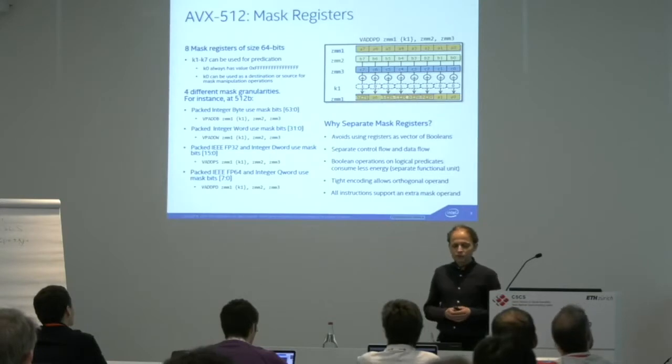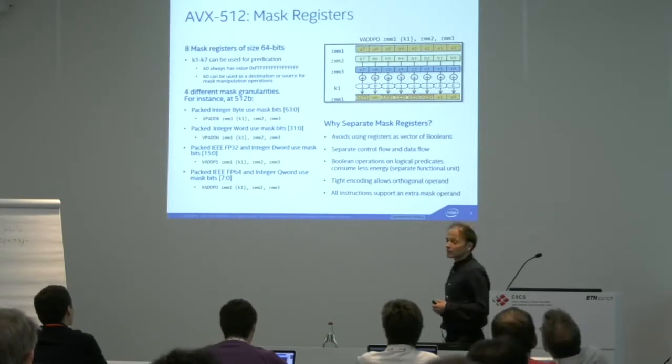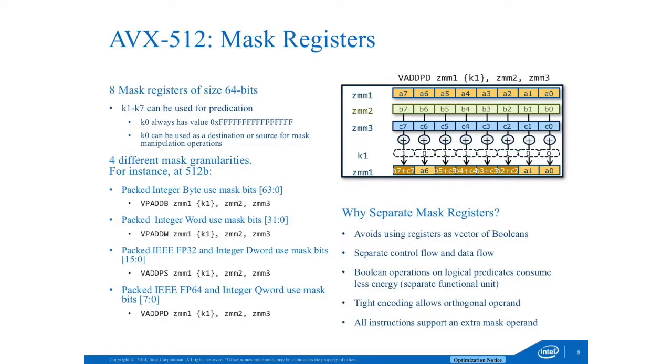And as I said, you have 8 mask registers, K registers, and I think I will give you something more on the compiler status with respect to GCC. I believe, off the top of my head, the 4.9 version of GCC introduced the very basic enabling for AVX 512, and 5.2 filled in the gaps.